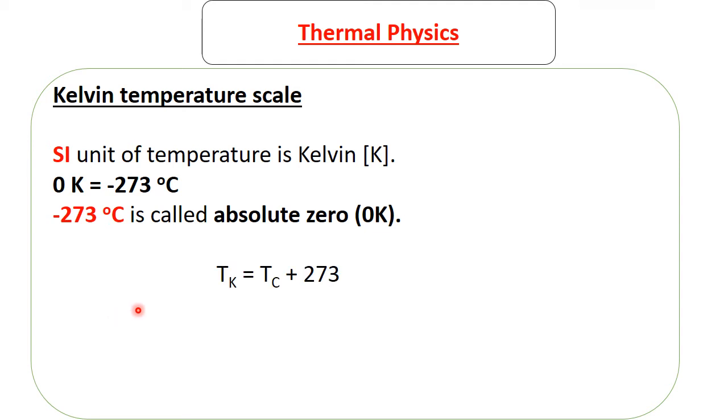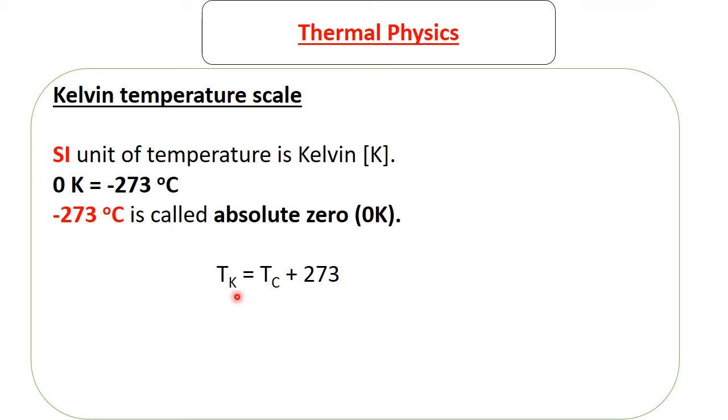To change temperature from degrees Celsius to kelvins, this is the formula: you get your temperature in degrees Celsius, then you add 273. If you have 0 degrees Celsius and you want the temperature in kelvins, you add 273 and you get 273 kelvins.